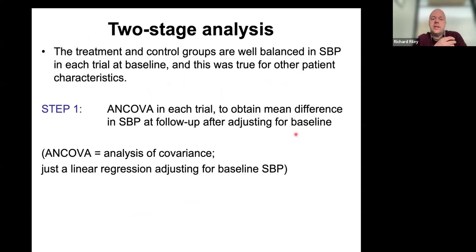In a two-stage analysis, in the first stage, I would use an analysis of covariance model. That's just statistical jargon for a linear regression where I adjust for baseline. And this allows me to obtain the treatment effect estimate in each trial, which is a mean difference in blood pressure at follow-up after adjusting for baseline.